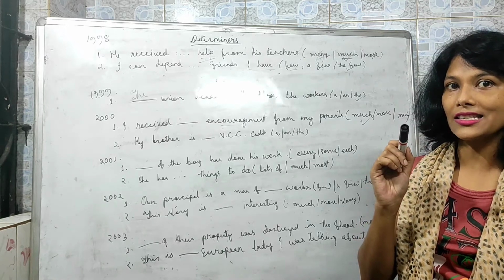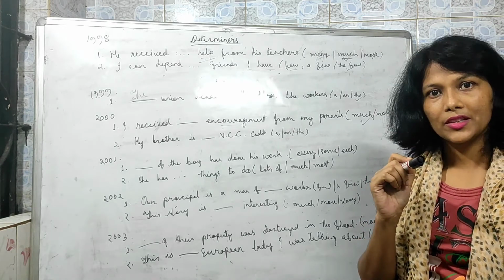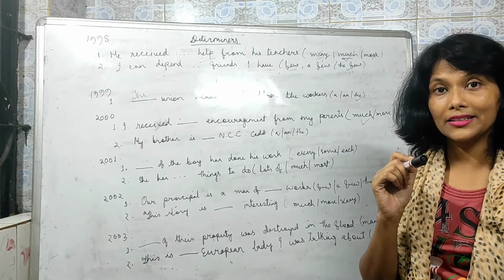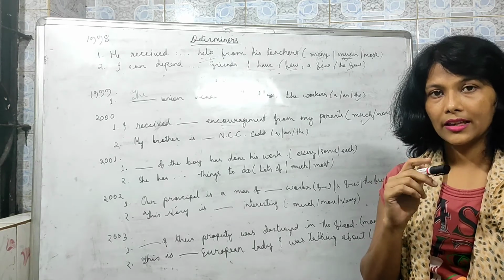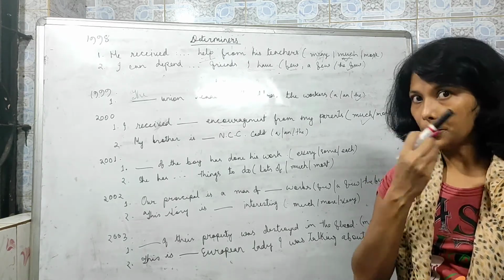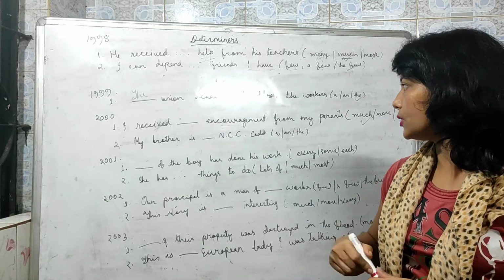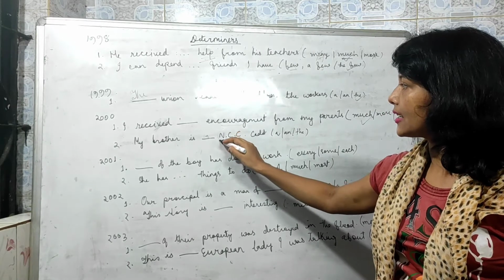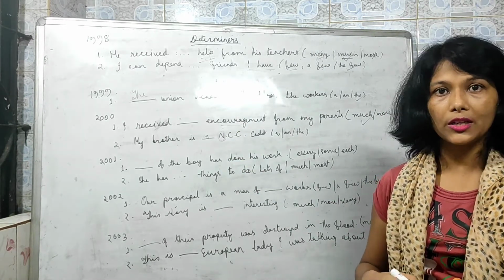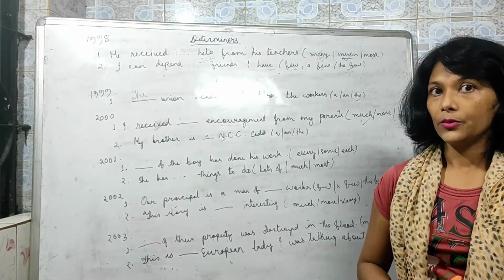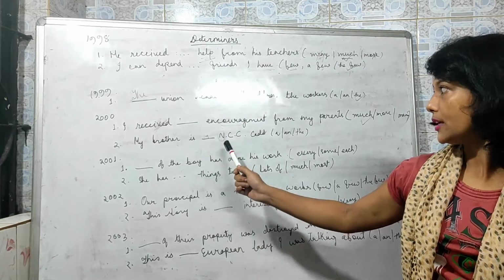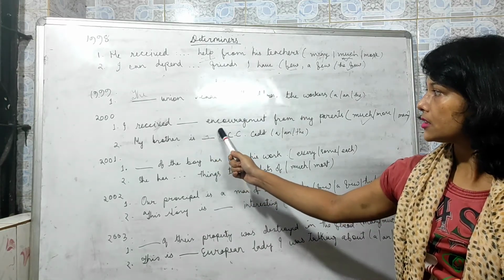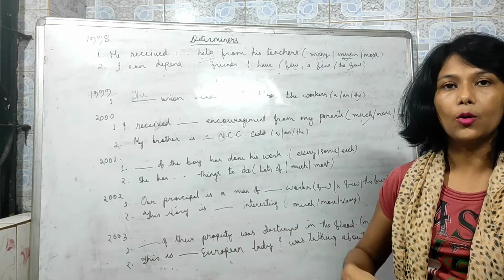An is the article. N is a vowel sound, so we are pronouncing that. That is why you have to use an. Otherwise this is a consonant, and with a consonant we don't use an. But here you are using it because it is pronounced with a vowel sound.